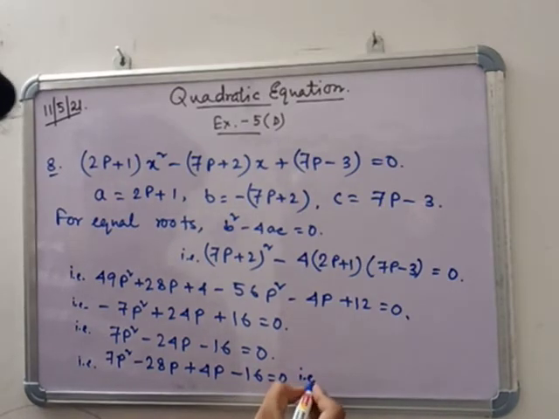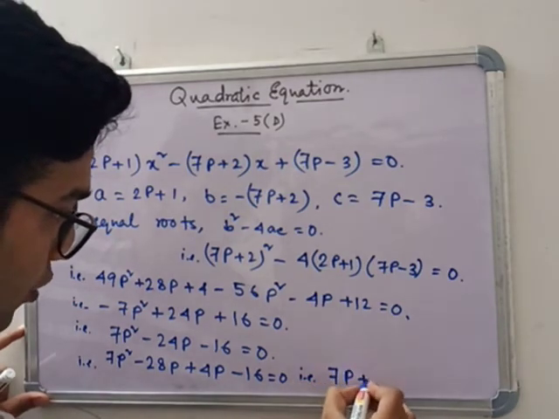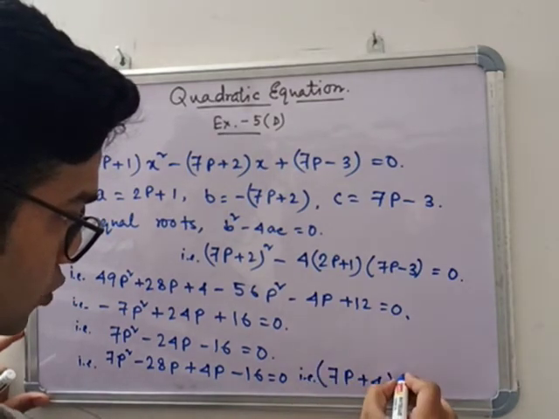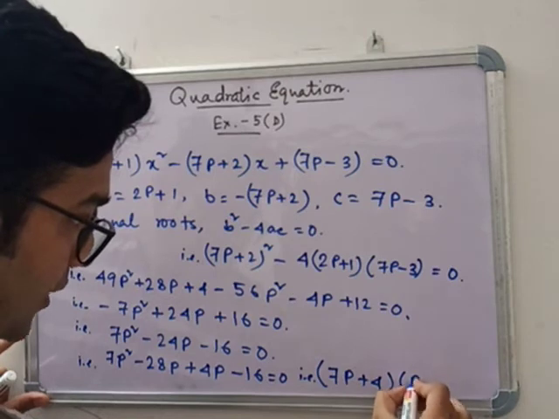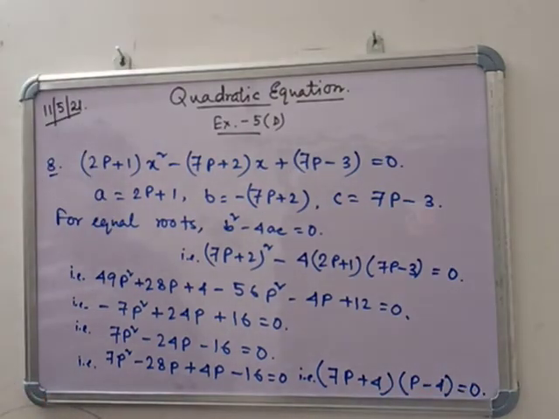So that means 7p plus 4 into p minus 4 equals to 0. So 7p plus 4 into p minus 4 equals to 0.